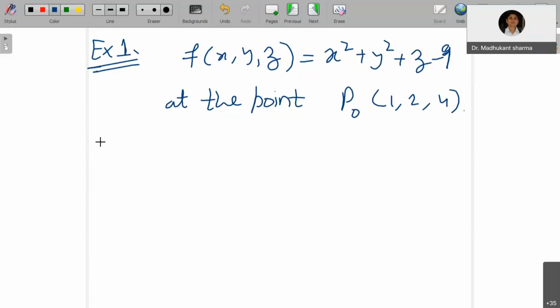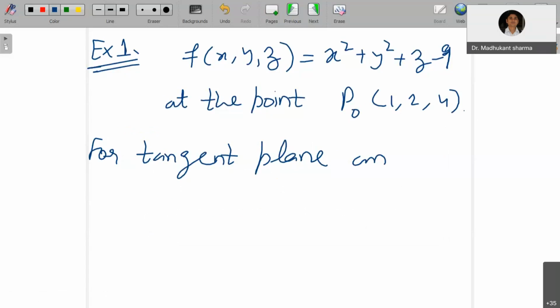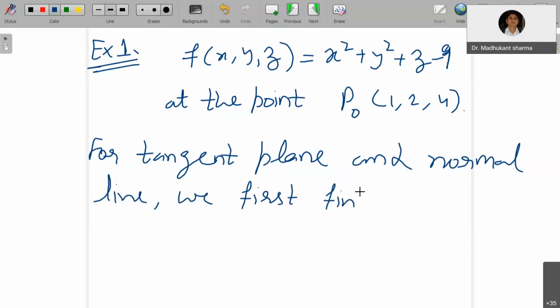So for tangent plane and normal line, we first find grad f at P₀.